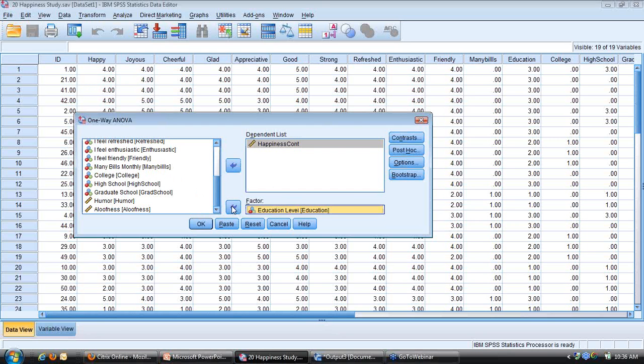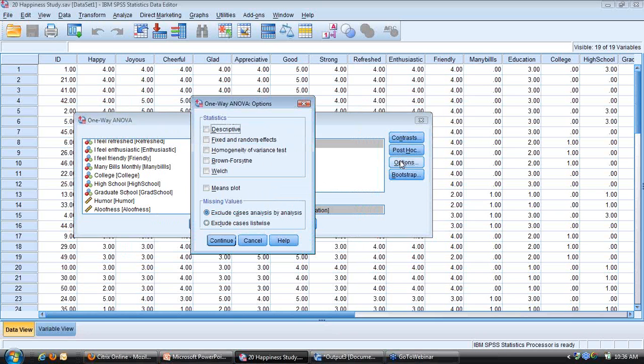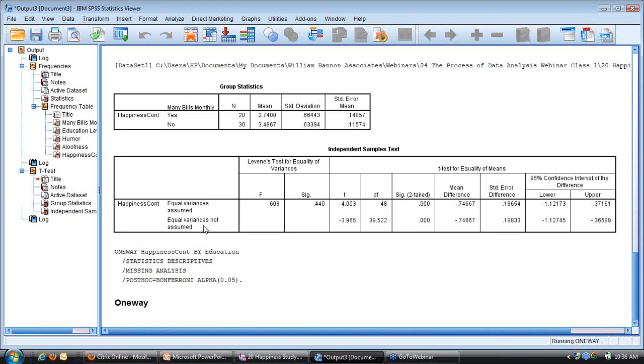Then as I said, you must go to post hoc, click it, and then click Bonferroni in the upper left, continue. Then under options, click descriptive and continue. Then you're all set. So then we click OK.